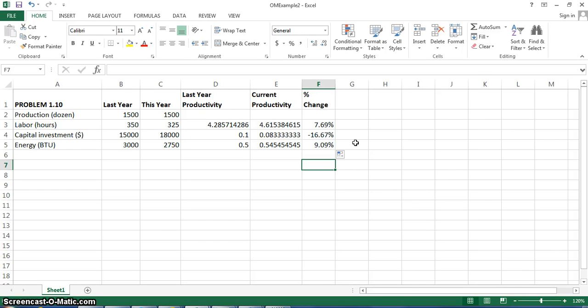Now, we see that the productivity of the capital investment certainly has decreased, and that is largely due to the increase in capital. This doesn't necessarily mean the increase in capital was a bad decision, because potentially they could benefit from this capital investment for several years to come. And those types of considerations should have been factored in when the investment was made.